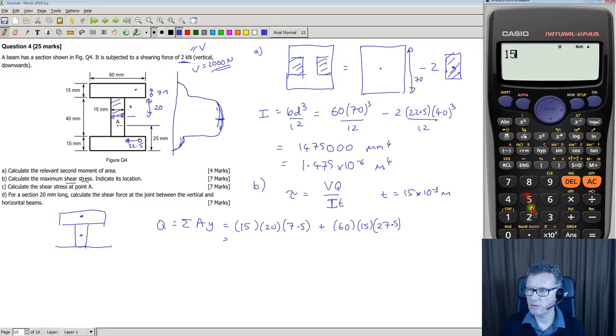So Q is going to be 15 times 20 times 7.5 plus 60 times 15 times 27.5.